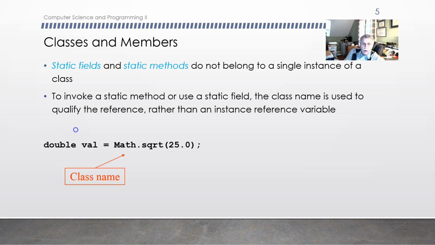And what we're doing here is we're invoking not an object reference variable dot some method, but we're invoking the class name and then the method. But this is a static method, okay? The idea is the static method is accessible without instantiating an object. Or if we choose to invoke it from within an object of the class, then we don't qualify it with an object reference variable. We qualify it with the name of the class.